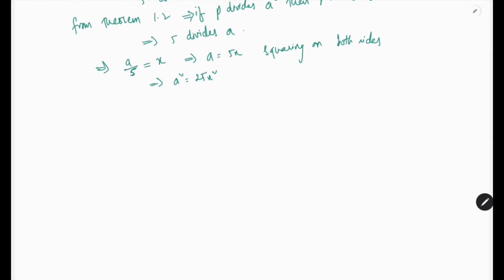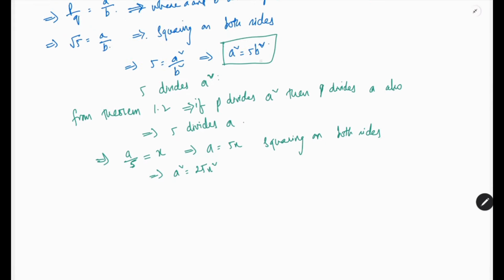From the earlier equation we have a square equal to 5b square. When you substitute, 5b square is equal to 25x square. So b square is equal to 25 by 5 x square, so b square is equal to 5x square.